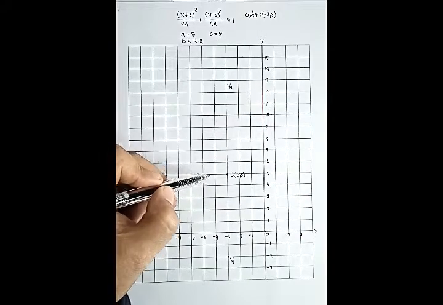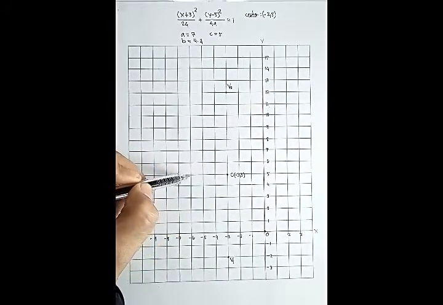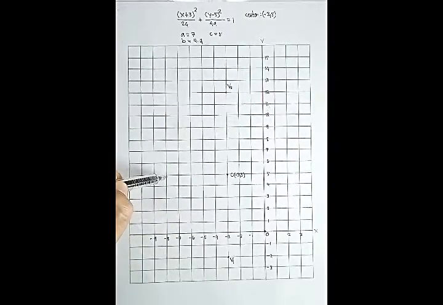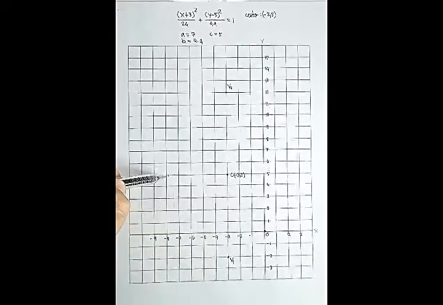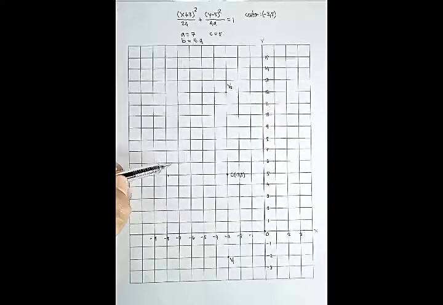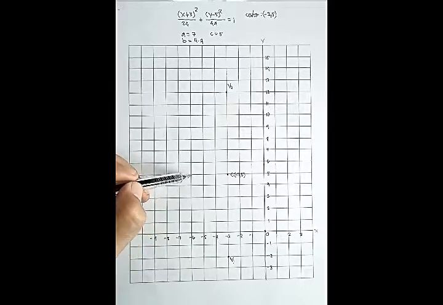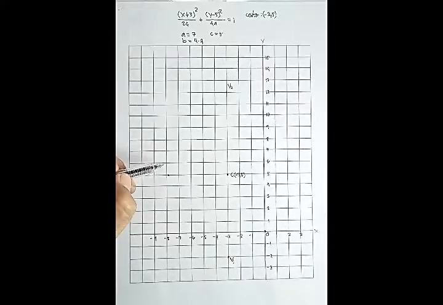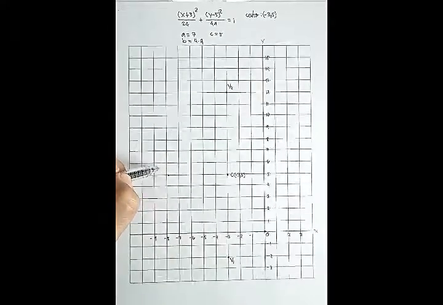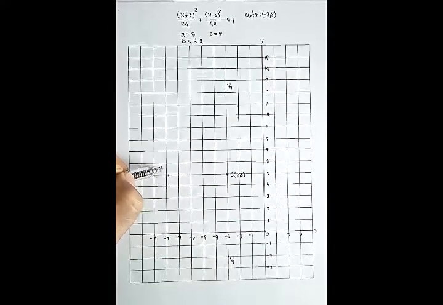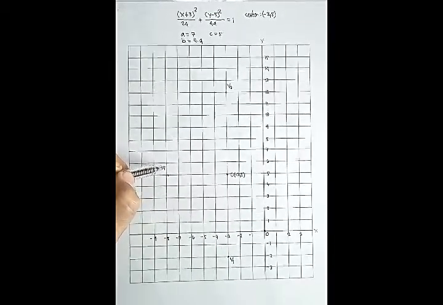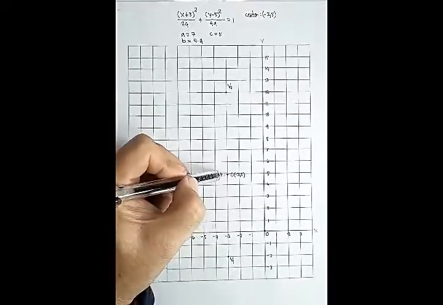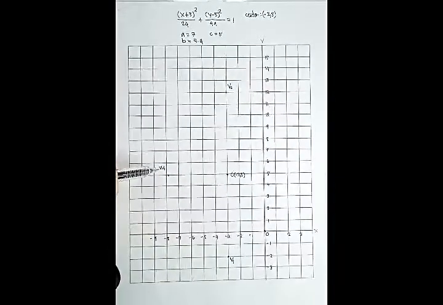So, 1, 2, 3, 4. So, 4.9 naa siya duol sa ika-5. So, 1, 2, 3, 4, 5. Duol na kayo sa 5. So, this is our 4.9. This is our W1. And then, co-vertices W1.